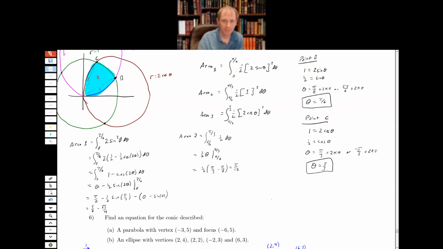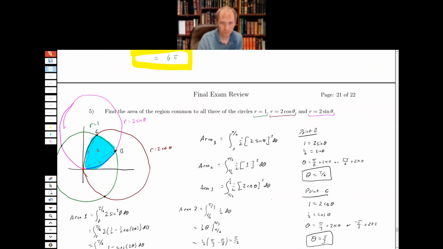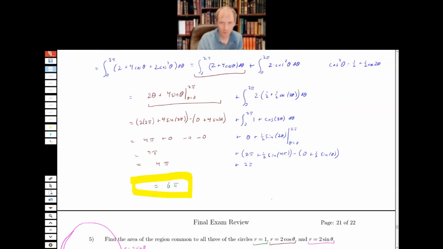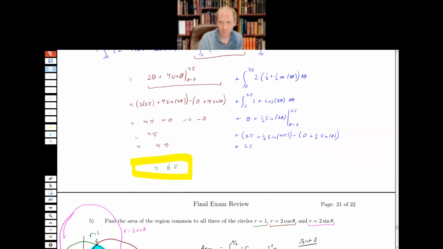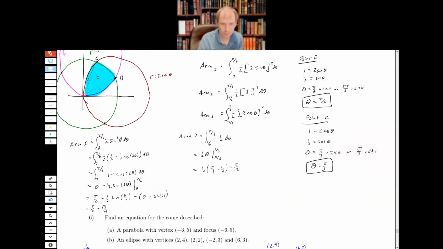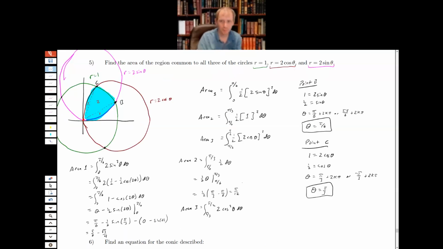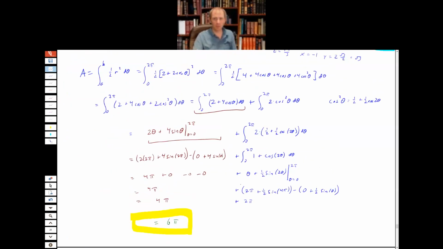Okay, and then for area 3, let's look at what we're integrating first. I'm integrating from pi over 3 to pi over 2, and I'm going to have 4 cosine squared theta times a half, so I'm going to have 2 cosine squared theta d theta. And just a minute ago, we integrated cosine squared theta.